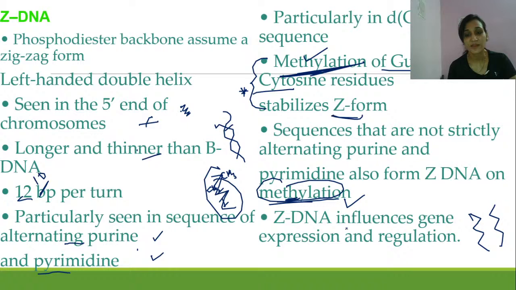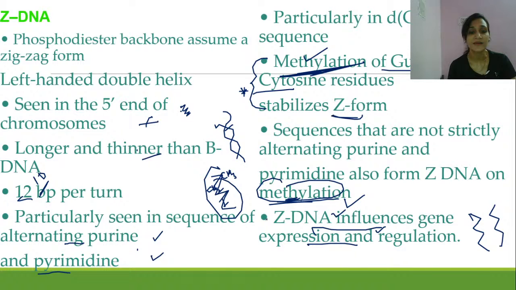zDNA, what is its function? It influences the expression and regulation of genes. When a gene needs to be expressed, when it needs to be regulated, that is determined by zDNA. So there are many points which should be remembered for zDNA. What are they? They are seen at the 5' end of the chromosome.